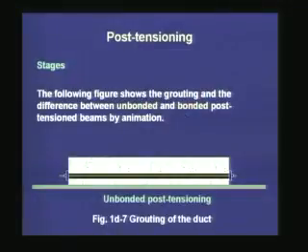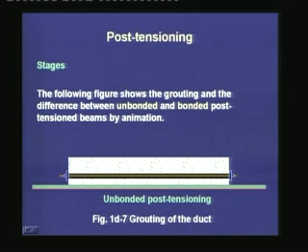Now, this figure will show the difference between a bonded tendon and an unbonded tendon. In this sketch, you can see that the duct hole is free of any grout. You can see this black annular space which does not have any grout.